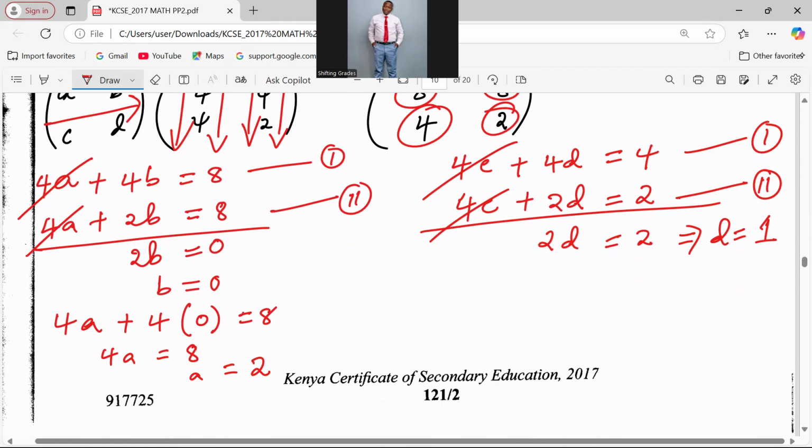If the value of D is 1, we can now find the value of C. So 4C plus 4 by D, which is 1, equals 4. You know, when 4 is taken to the other side, it will be subtracted, and 4C will be equal to 0, so that the value of C is also 0.